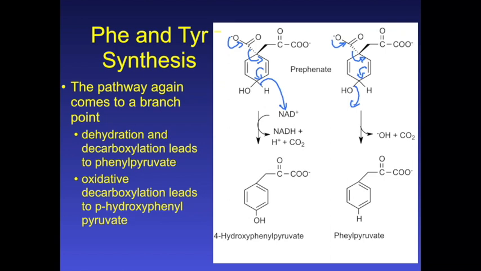The driving power of this is the formation of this ring. What is the special designation of that ring? It's an aromatic ring, and that conjugation is very, very stable.